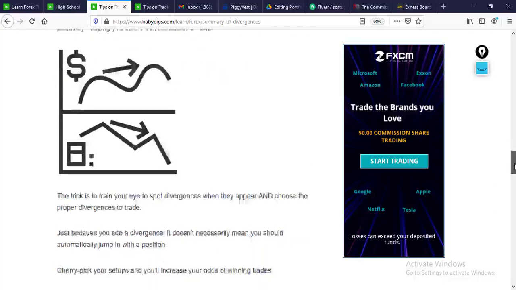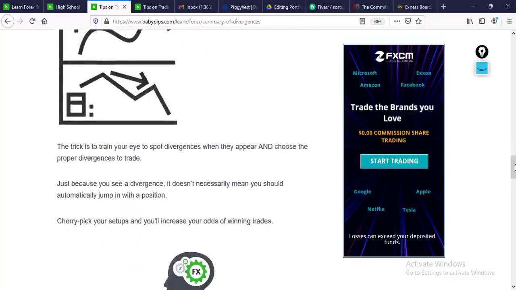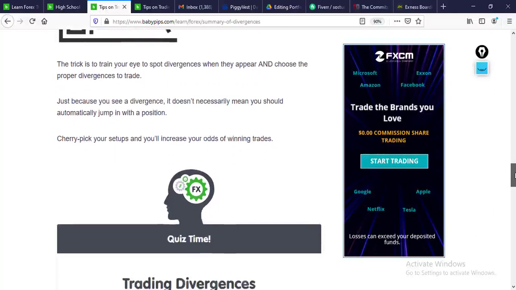So it is important for you to remember this. Now the trick is for you to train your eye to spot DVs when they appear and choose the proper divergences to trade. Cherry pick your setups and you will increase your odds of winning your trades.